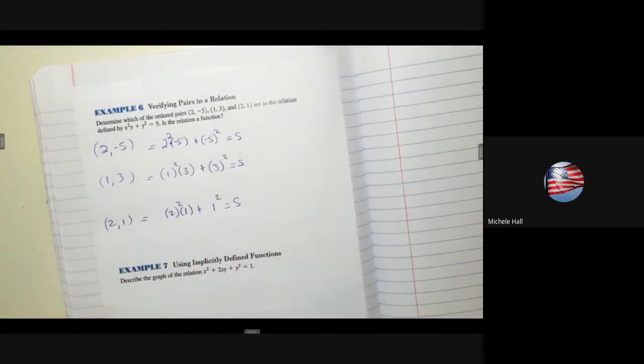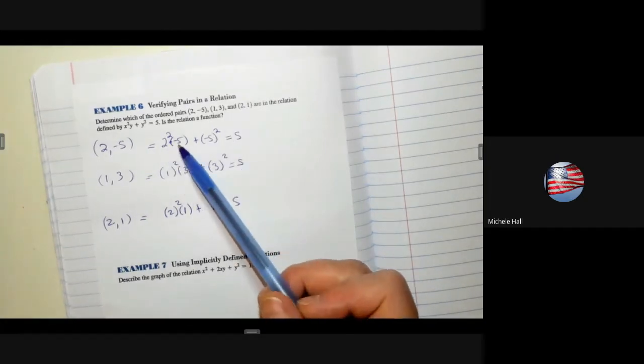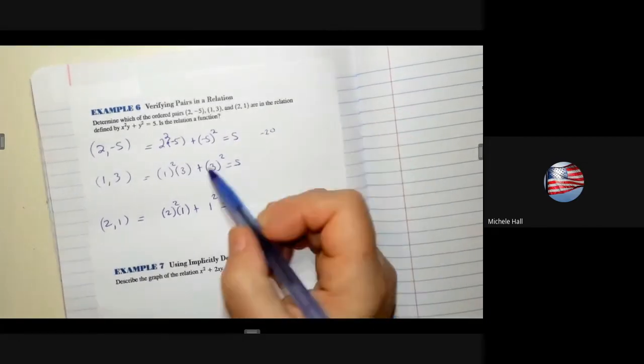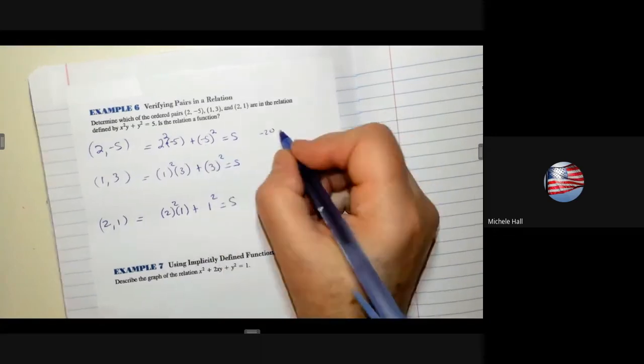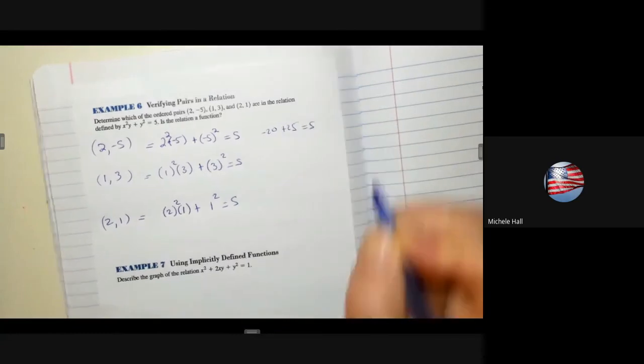When you do your number crunching, we get 4 times -5 is -20. And then -5 times -5 is 25. That equals 5.